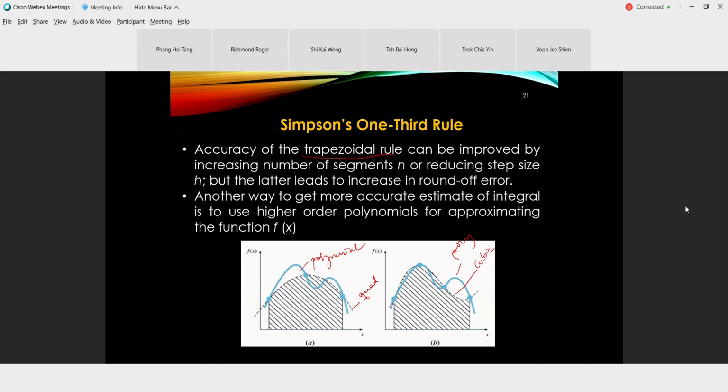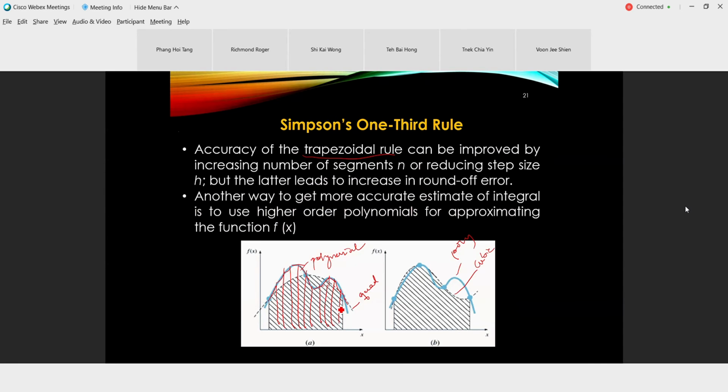So maybe we can guess that using a higher polynomial gives high accuracy but it is difficult to cut the segments. For example, if we cut this polynomial, it looks like trapezoidal, right? Here it looks similar to trapezoidal.